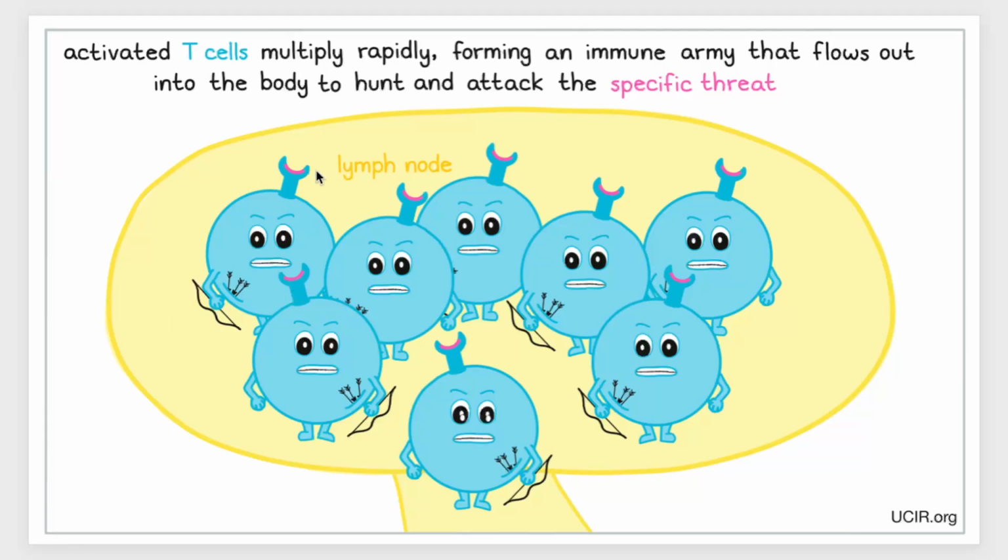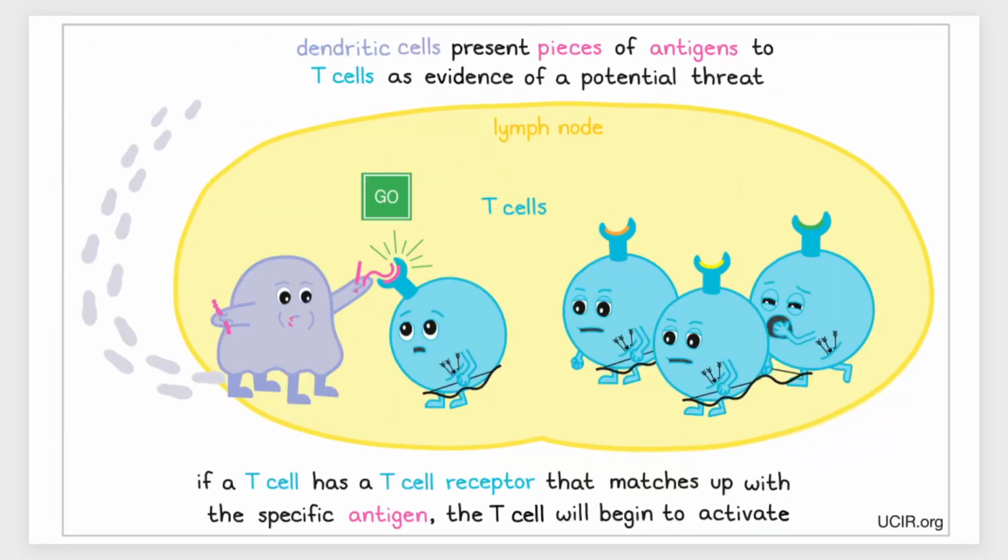You see these surface protein receptors sticking out of them, ready to go find foreign cells to destroy. Dendritic cells take pieces of the infectious microbe, these antigens, and show them to the T cells. If the T cell has a receptor that matches that antigen, then it's activated and can go out to kill it.